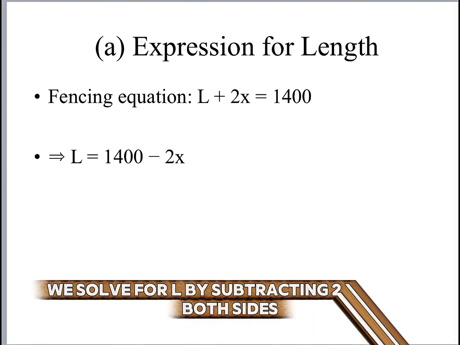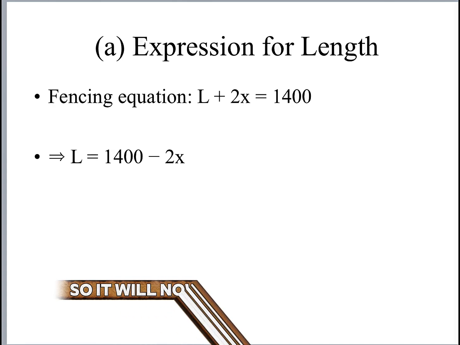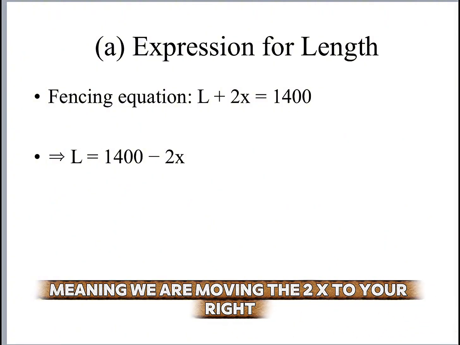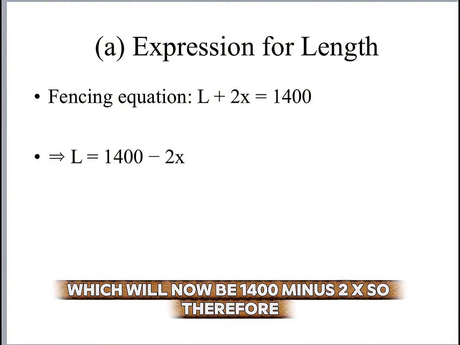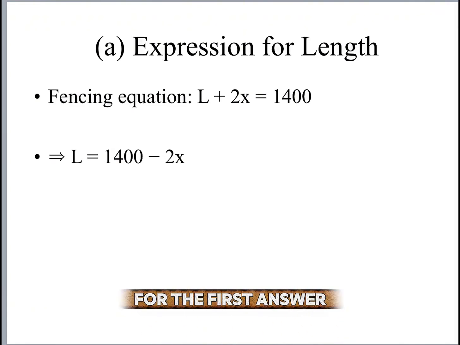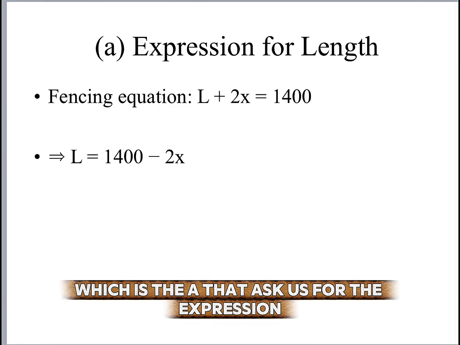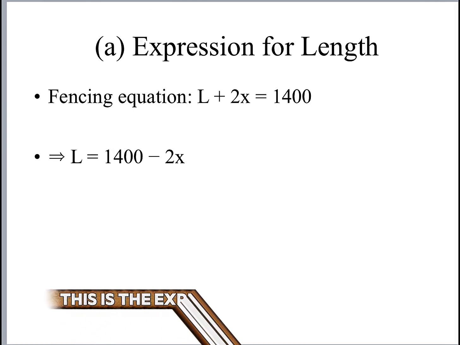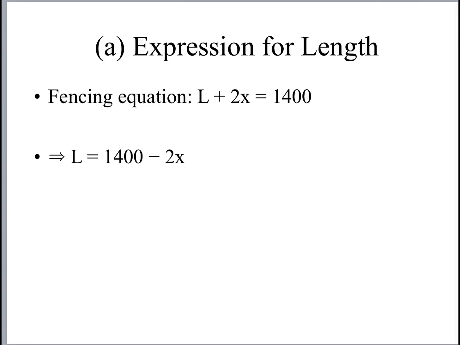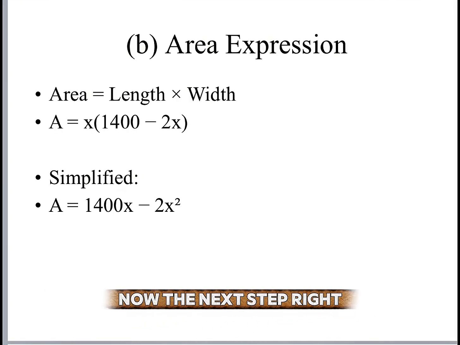We solve for L by subtracting 2X from both sides. So L is equal to 1400 minus 2X. Therefore, for the first answer, which is A, this is the expression for the length.